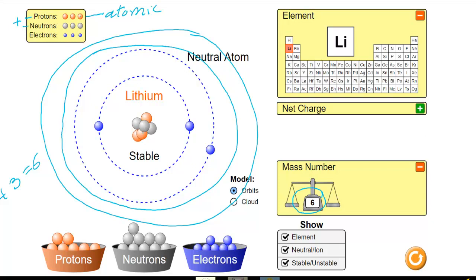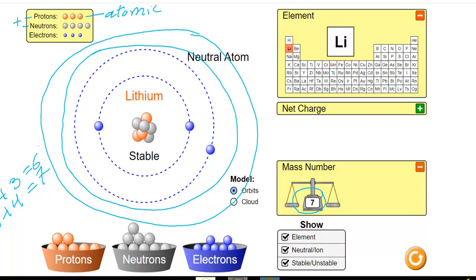Let's add more neutrons and see if there are isotopes for lithium. We can add one more. So there will be 3 plus 4. This means that there is lithium 6 and there is lithium 7. Let's add one more. It's unstable.